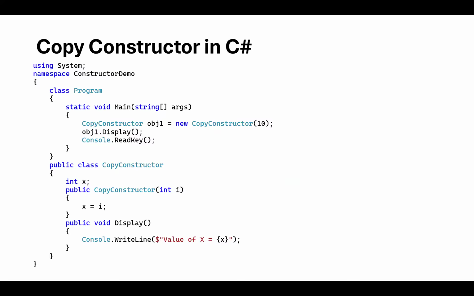In a copy constructor, the constructor takes the same type of value as a parameter. So let's see on the screen. The result will be the following.